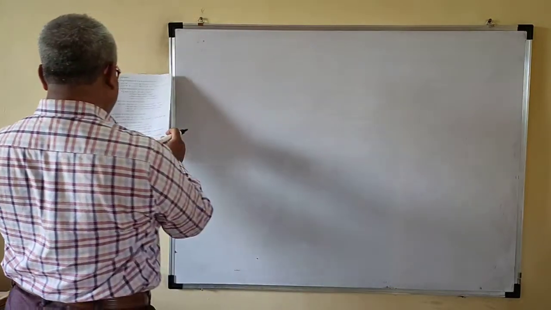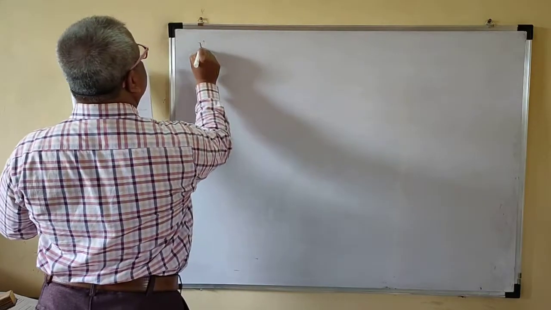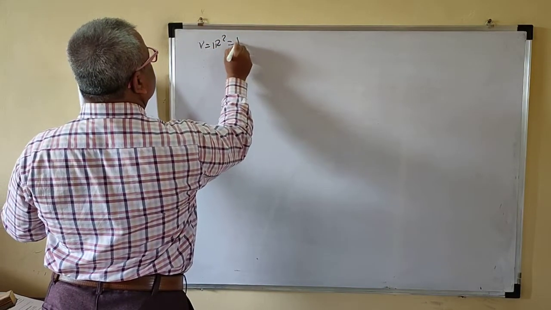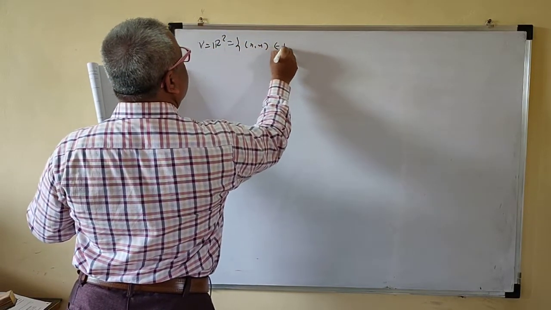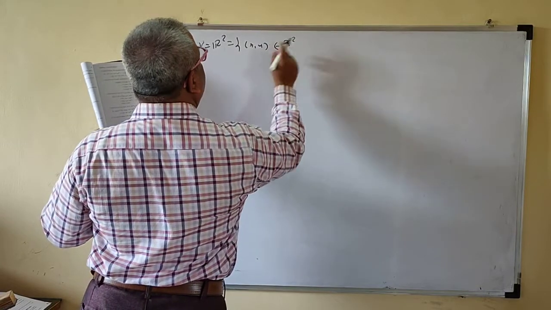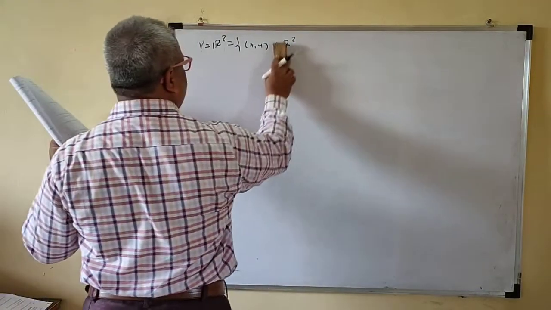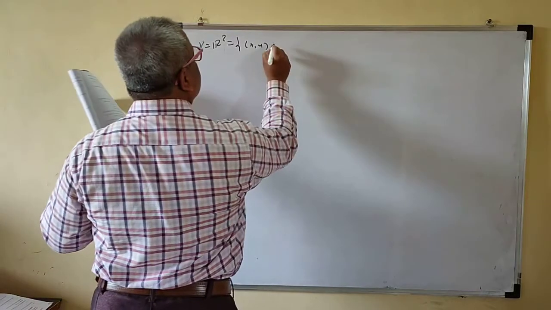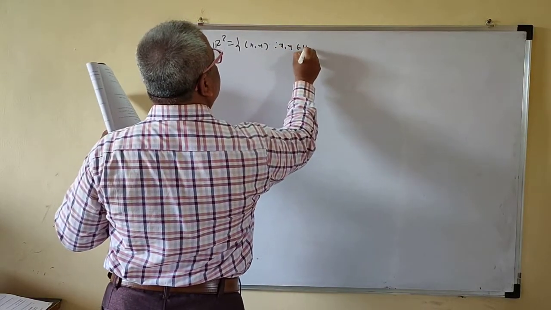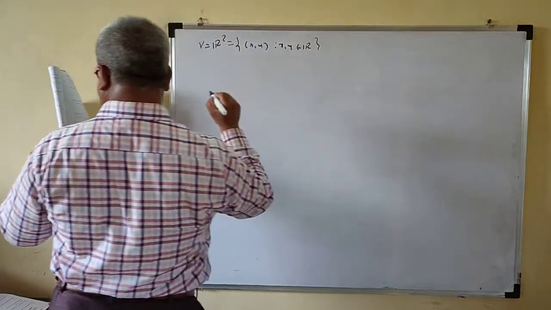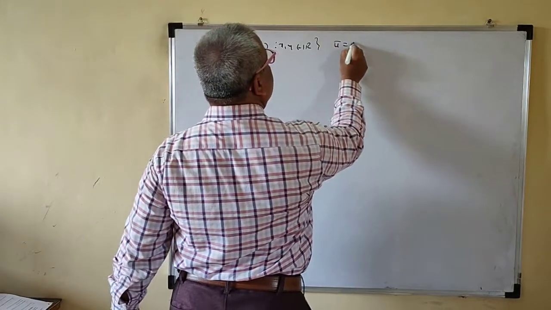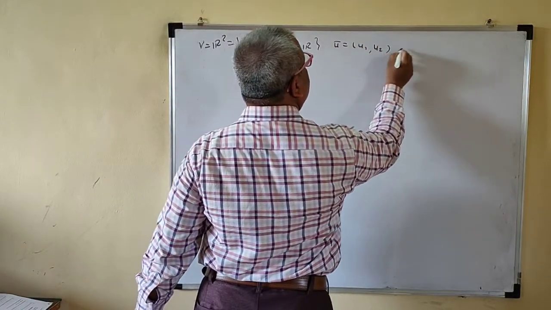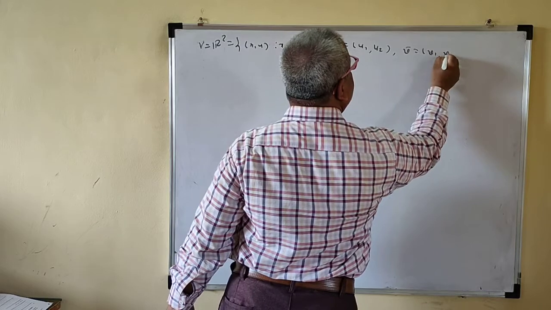Now suppose V is equal to R2, the set of x, y such that x, y belong to R. So u bar is equal to (u1, u2), v bar is equal to (v1, v2).